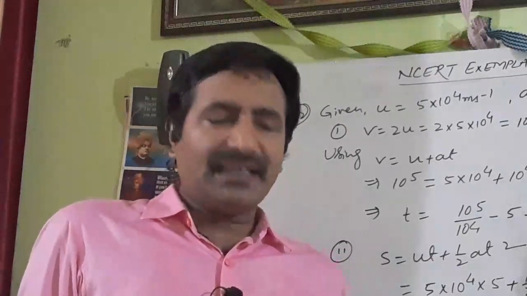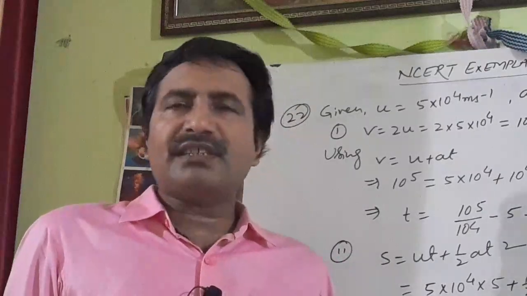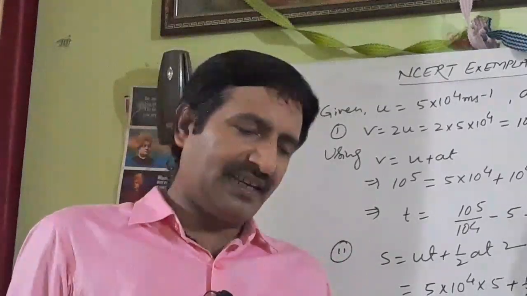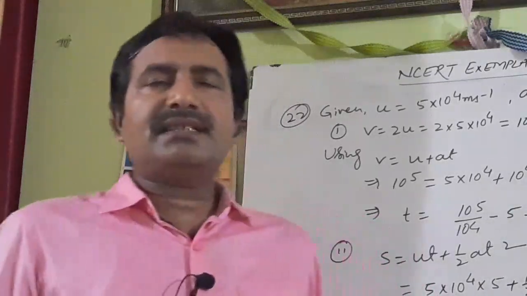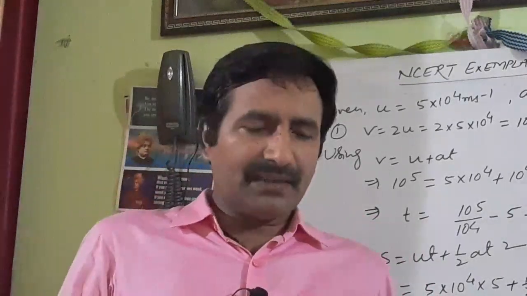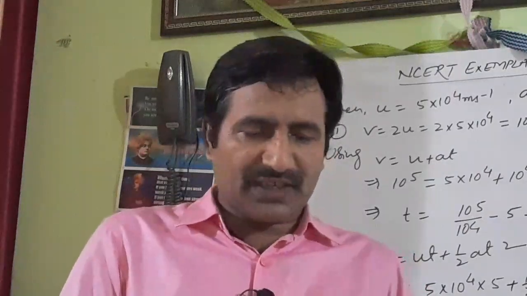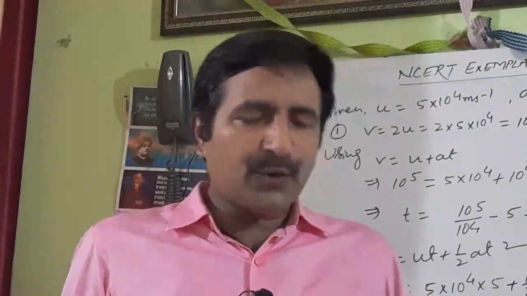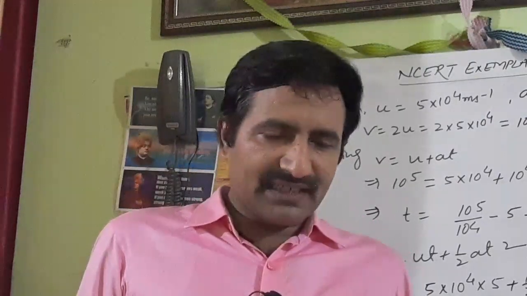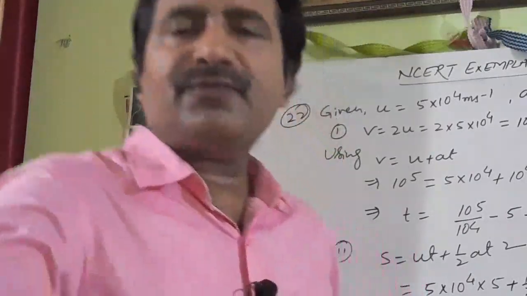Means you have to find the relation for distance during the time interval 4th to 5th second. You know the formula for distance travelled in a given time interval. So distance in 5 seconds minus distance in 4 seconds will be the distance travelled in 4th to 5th second. So let us find the formula for that.